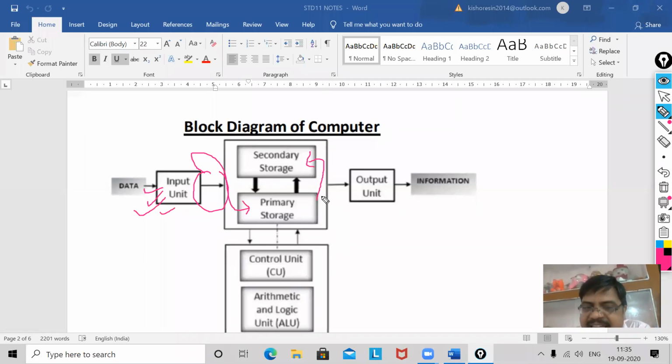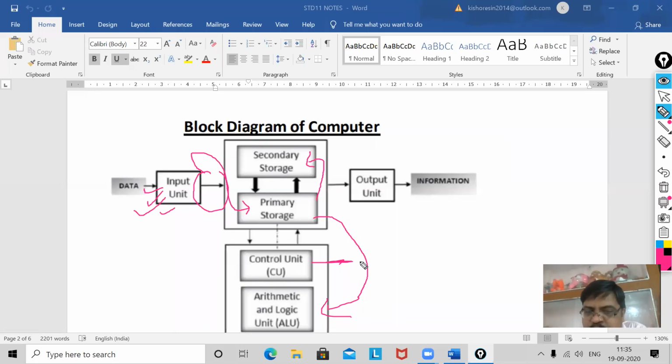In this case, the primary storage will send the data via the CU to the ALU, because whatever work is done in your motherboard, all the data passing here and there will be controlled by a unit that is called the control unit.